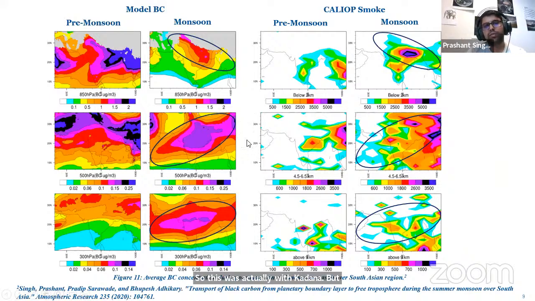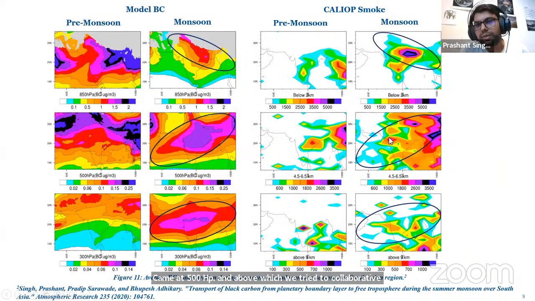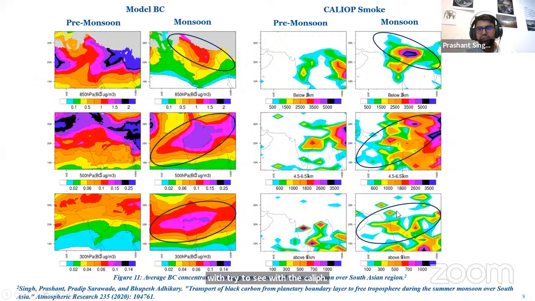But when we performed a 1 year long simulation with WRF-Chem, we found that during the pre-monsoon and monsoon season, a significant amount of black carbon is simulated in WRF-Chem at 500 hPa and above, which we tried to corroborate with the CALIPSO data. In the CALIPSO smoke data, you can see a significant amount of absorbing material is present.